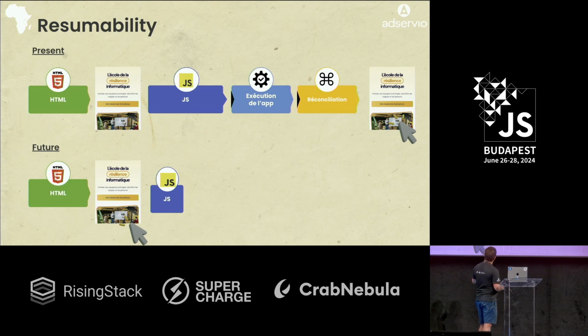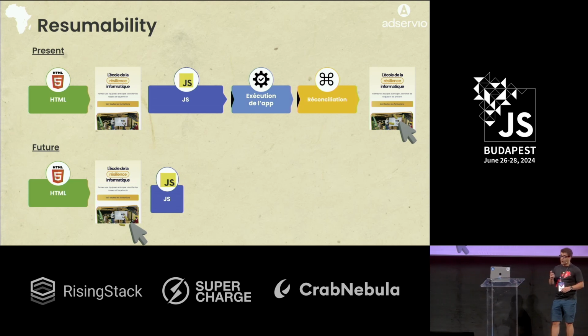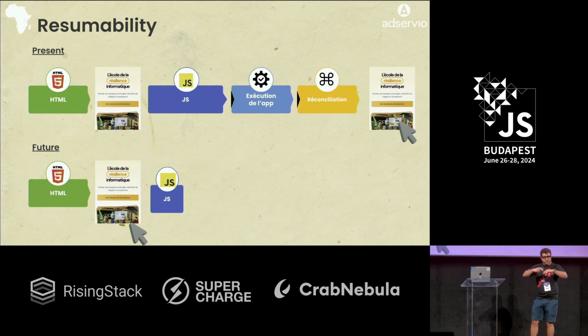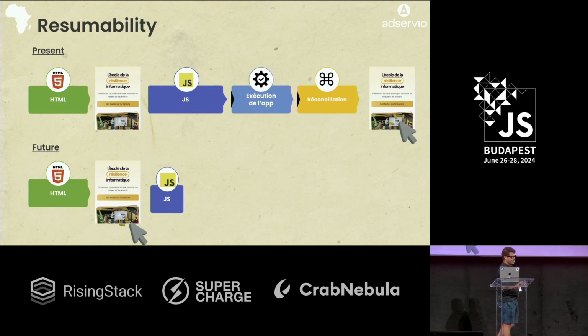If he interacts with this one, he will go and search for the JavaScript needed for this one. It's clear? The problem here is that we don't have one JavaScript bundle. We have multiple chunks of JavaScript by interactions. Okay, for each interaction that the user needs to do, he will have JavaScript for that.